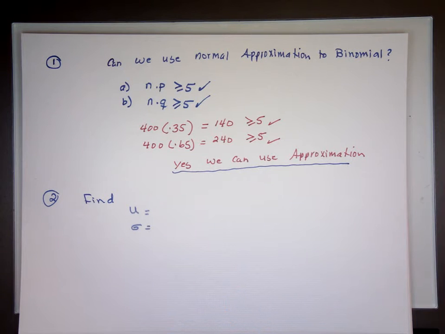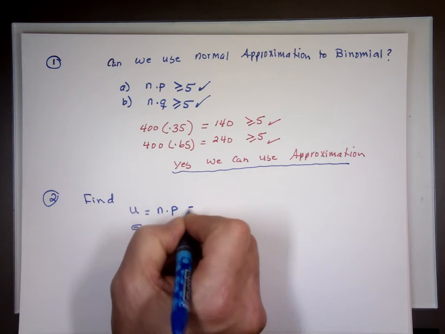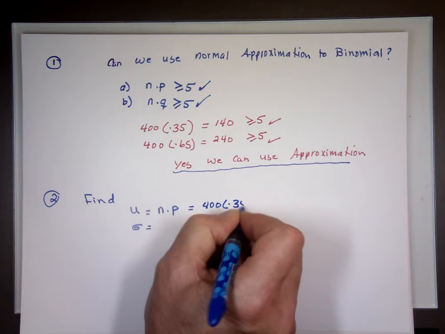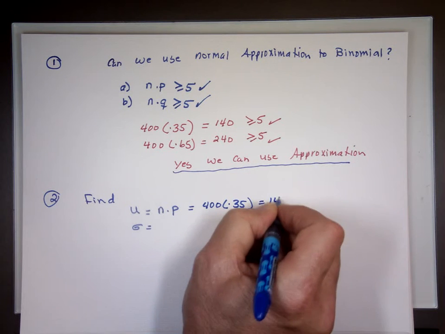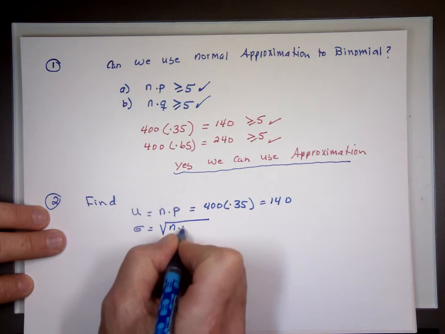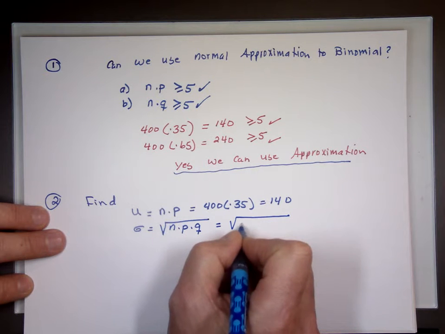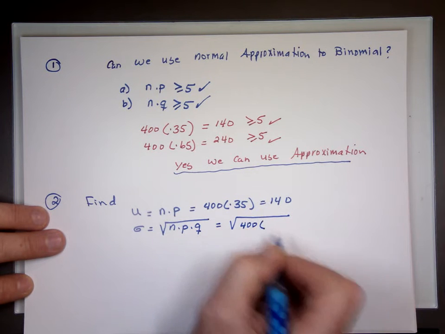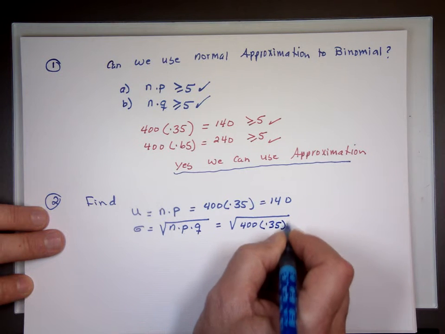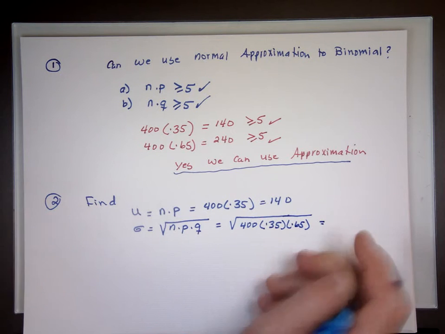Mu is equal to N times P, 400 times 0.35, which is 140, the average. The standard deviation is the square root of N times P times Q, with P being 0.35 and Q being 0.65.